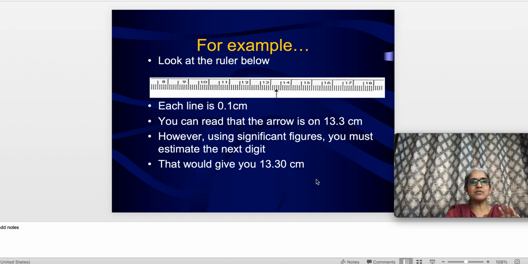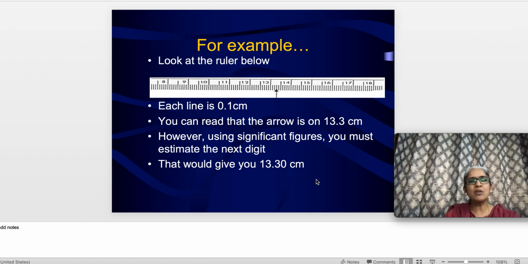The importance of significant digits, or the way we write them, is that we accurately know the measurement to a certain digit and we estimate the next digit after that. For example, on a meter scale, the smallest measurement that you can accurately make is 1 millimeter or 0.1 centimeter, right? So in this particular reading, you are able to clearly read 13.3.